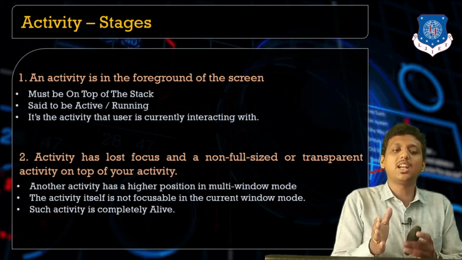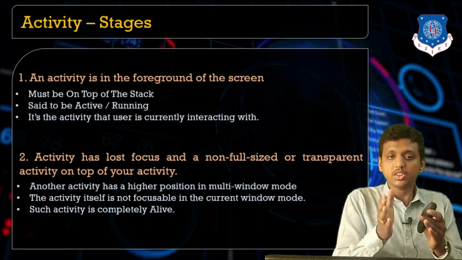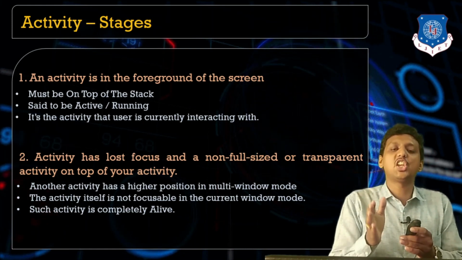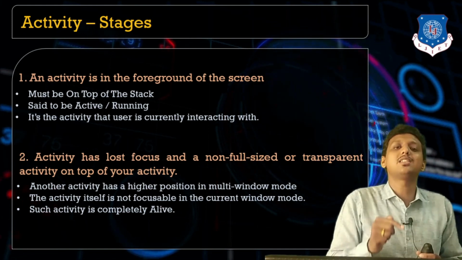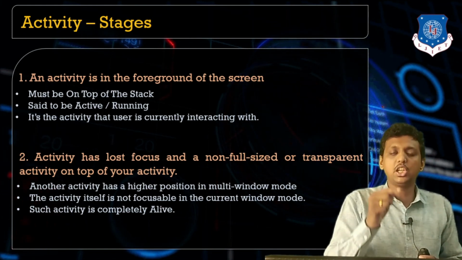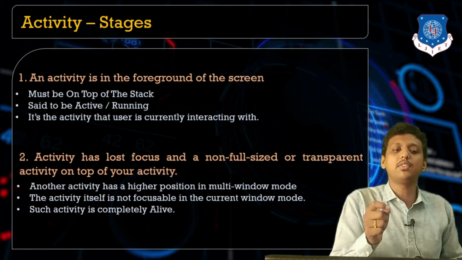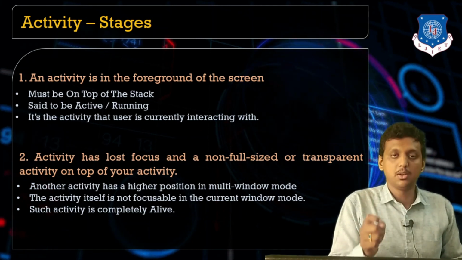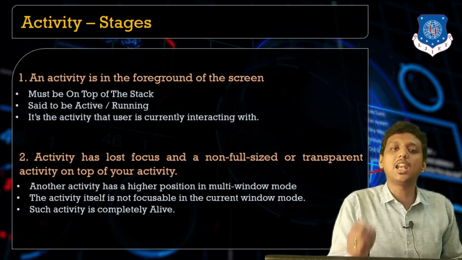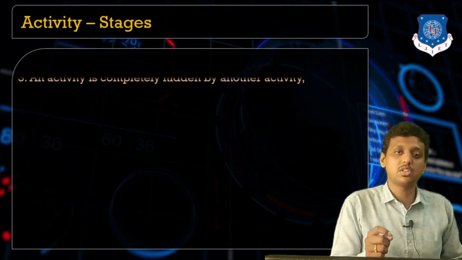So that means another activity has taken the place of that particular activity, or you can check the multi-screen option in your smartphone and do multi-screen navigation using two different applications. Here the activity itself is in focus in the current window mode. Such activities are alive. Okay, the activity is completely alive but not in an active state, I can say.